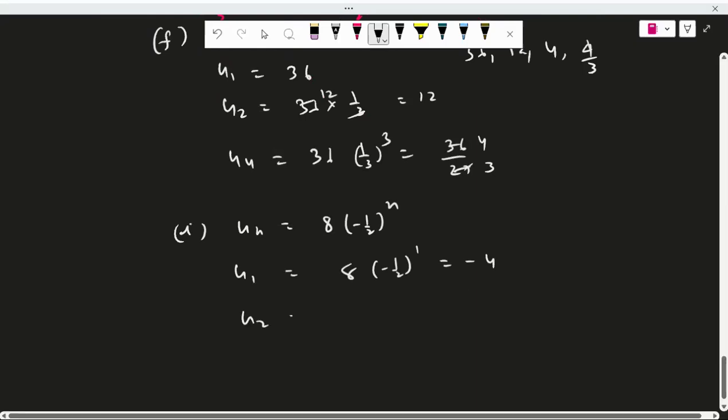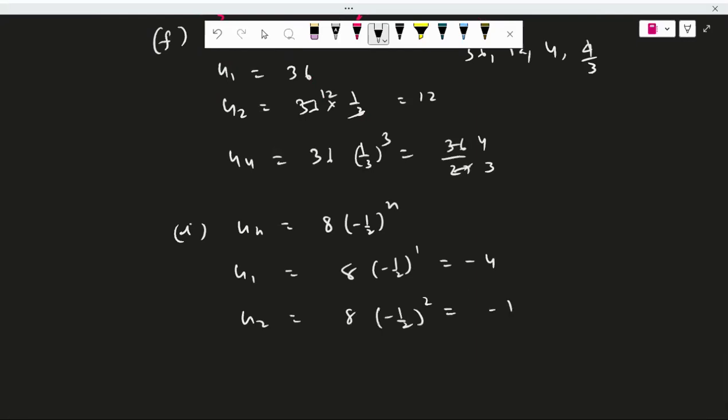U2, 8 times negative half squared, that is negative 1. So what is happening? It is divided by 4. What will be the third term? So it is minus 4, minus 1, minus 1 over 4, minus 1 over 16. These are the 4 terms.